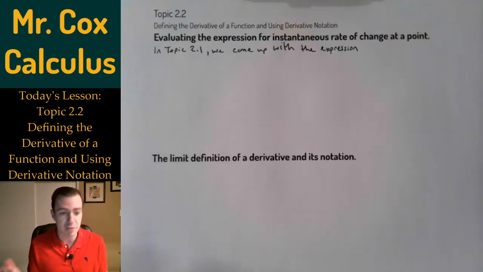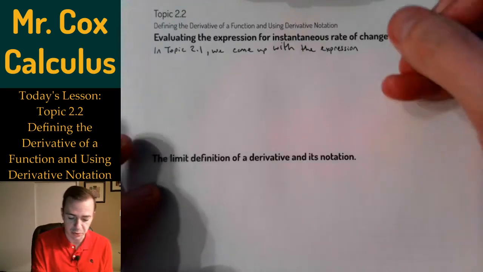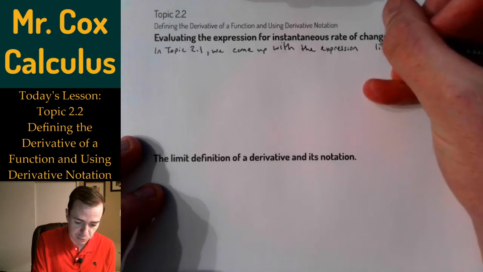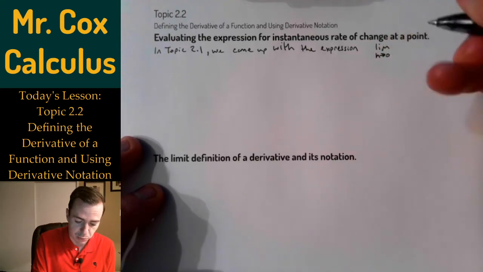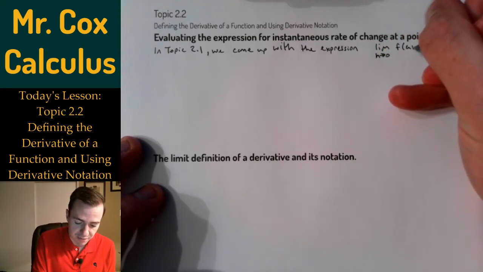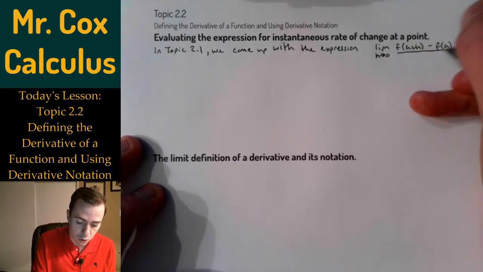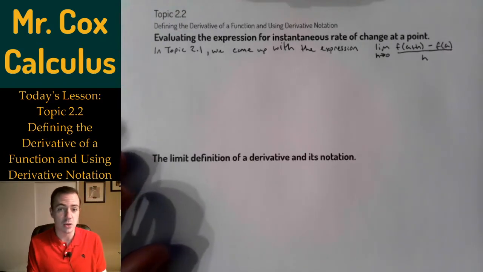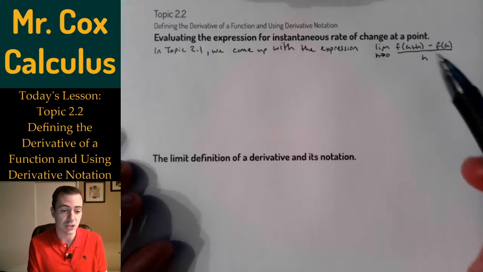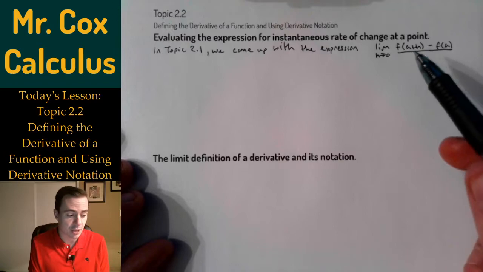And then we learned limits all throughout Unit 1, and we brought limits now to that table. We said, okay, if we write this expression, the limit as h approaches 0 of f of a plus h minus f of a all over h, that would evaluate the instantaneous rate of change of a function at the value a.